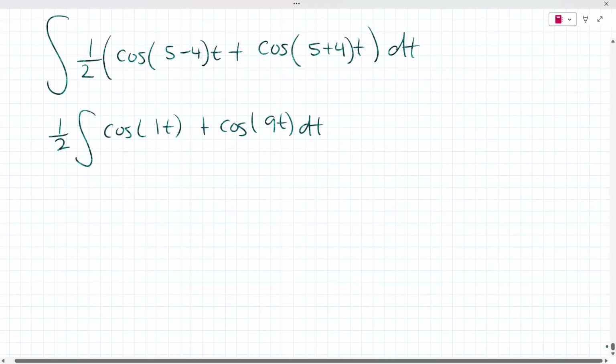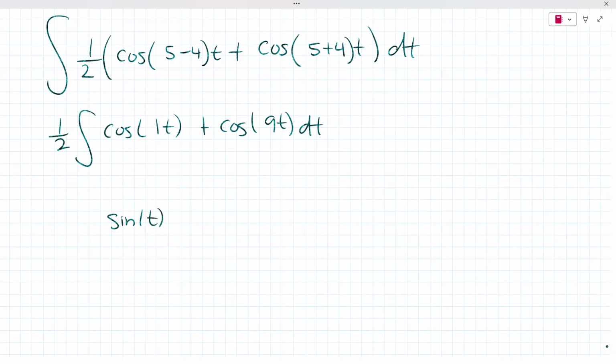The integral of cosine t is sin of t. The integral of cosine 9t is sin of 9t divided by the derivative of 9t, which is 9, and then we took out a 1/2.